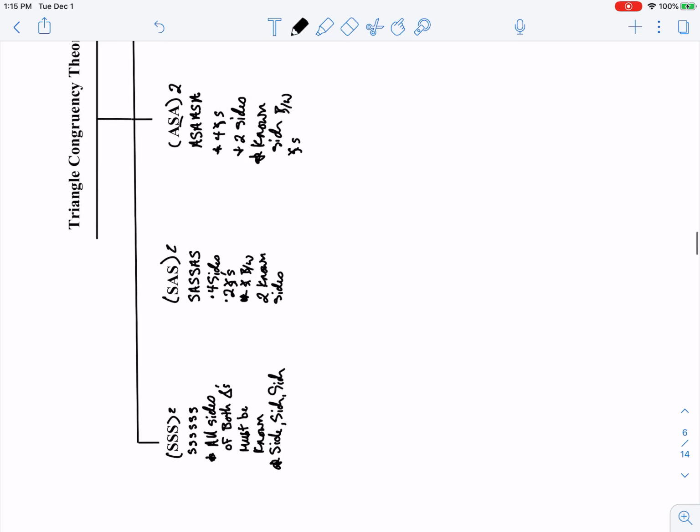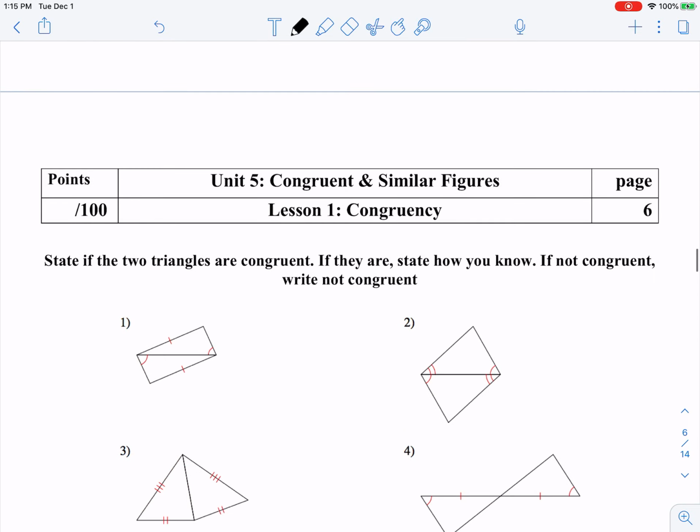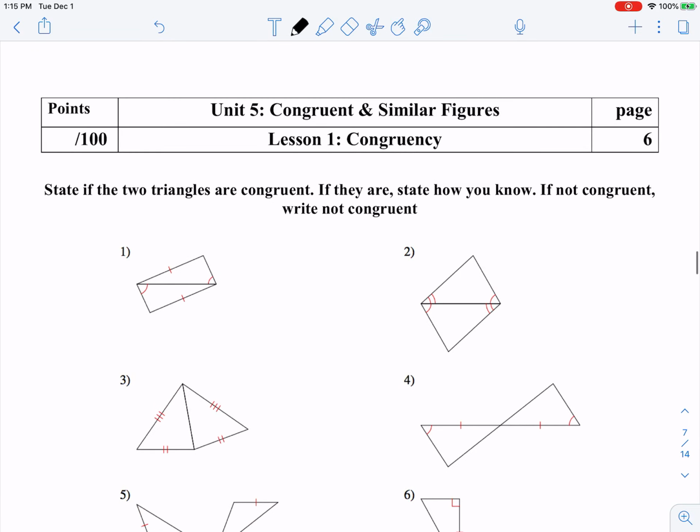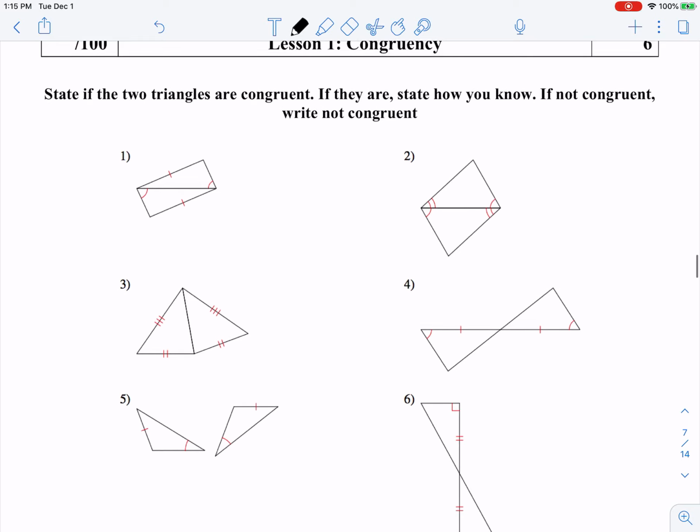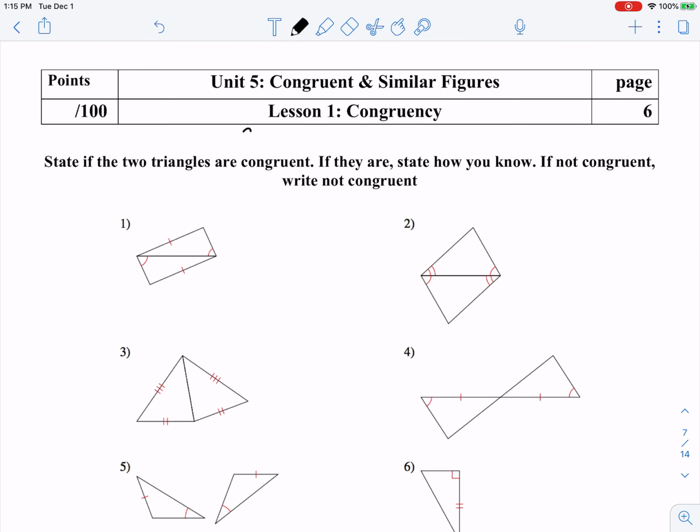So maybe a little confusing, right? But we'll go through and look at some examples and see if we can't pick it out. So we used SSS, SAS, and then angle, side, angle.